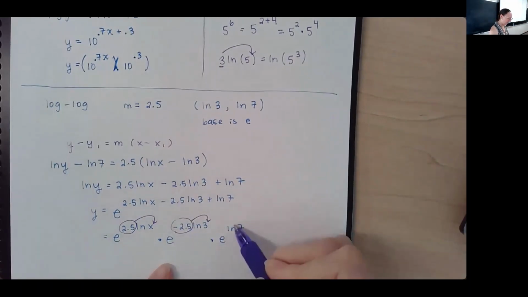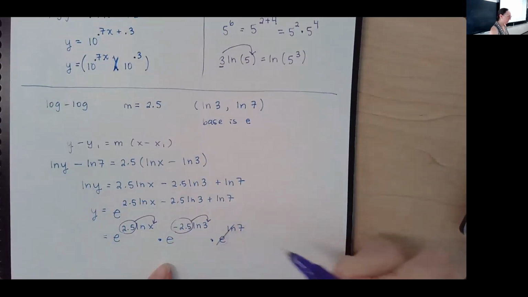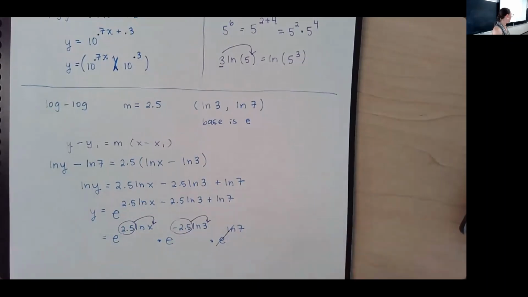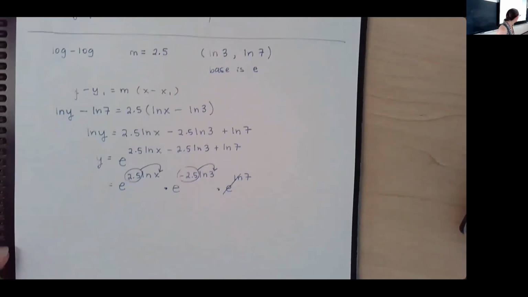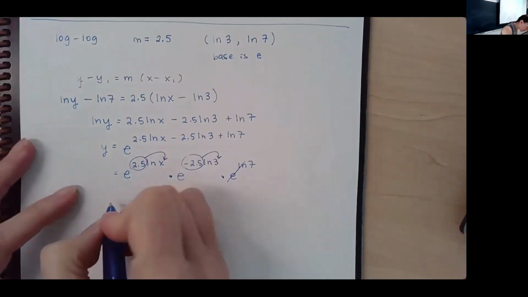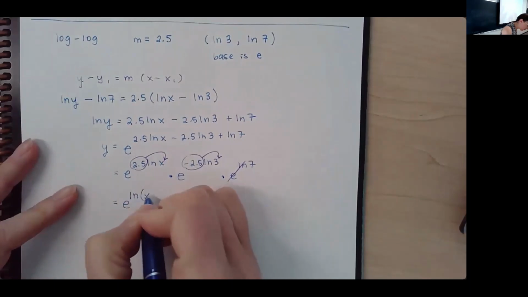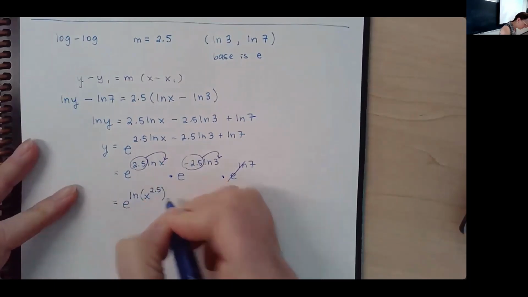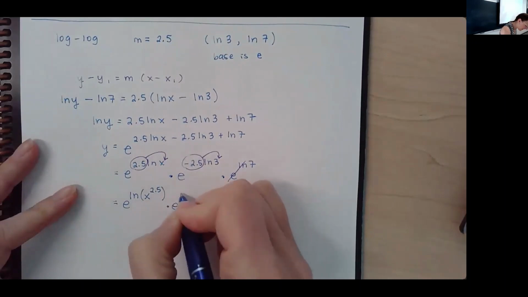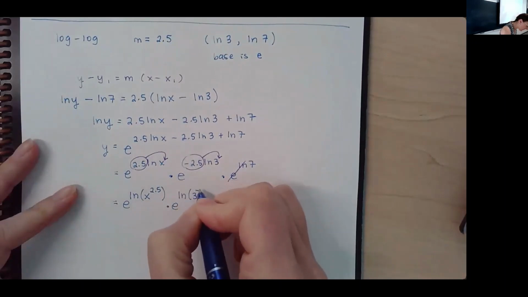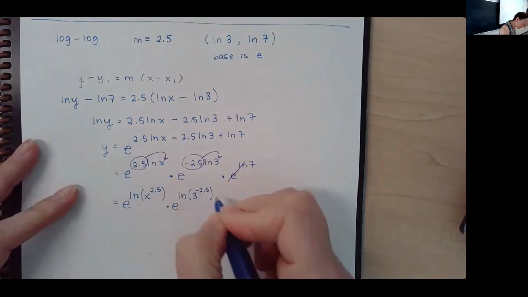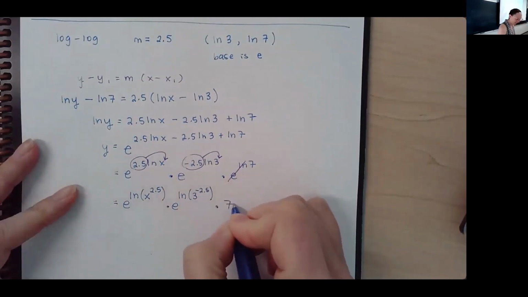That e and ln are just going to cancel right out for me. So if I clean this up, this is e to the ln of x raised to the 2.5 power times e to the ln of 3 raised to the negative 2.5 times 7.